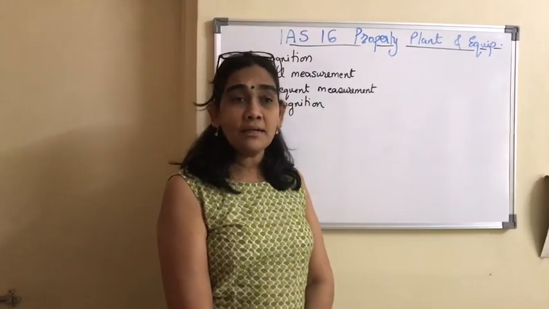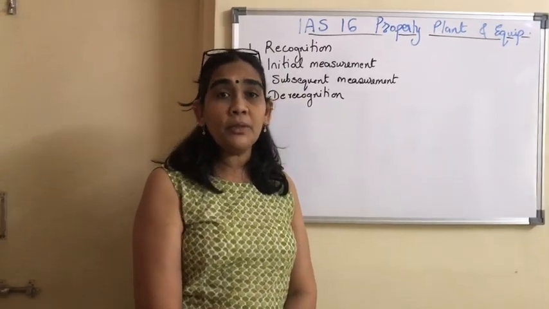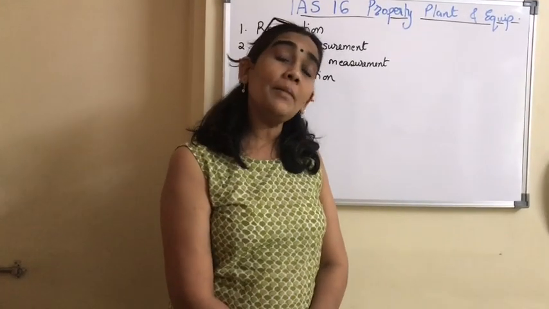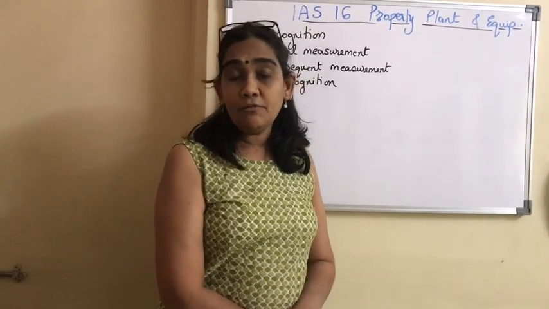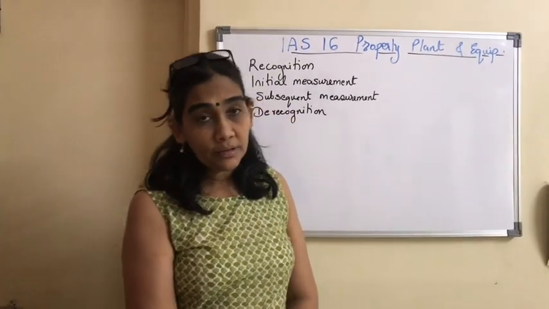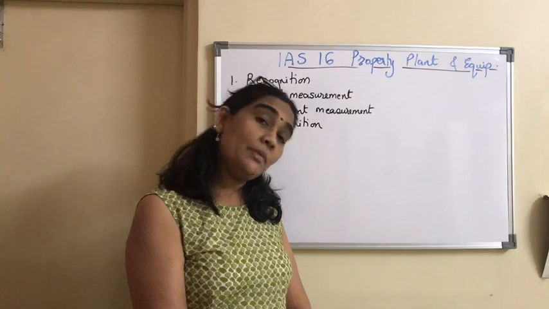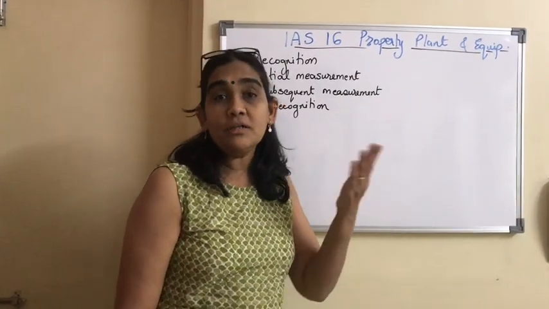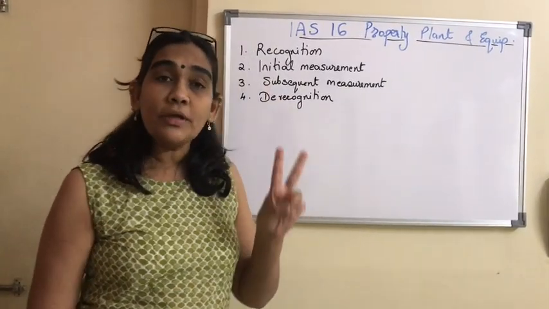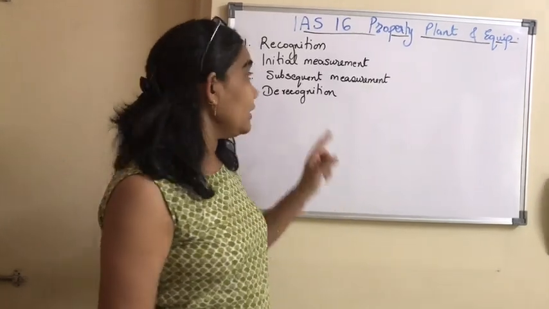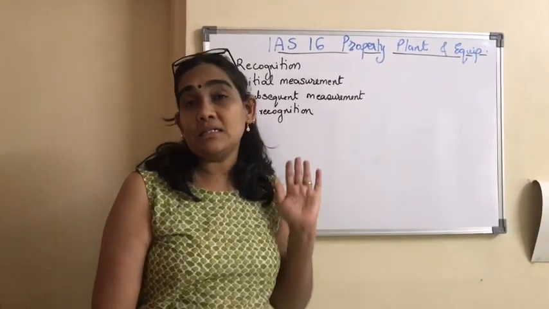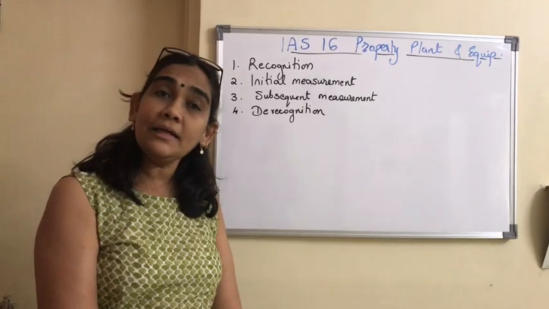If you are unable to put a value to the property, plant and equipment, at what amount will you recognize it? Therefore, the second condition is very important. That is, you should be able to measure the cost reliably. So if these 2 conditions are satisfied, you will recognize the item as property, plant and equipment.